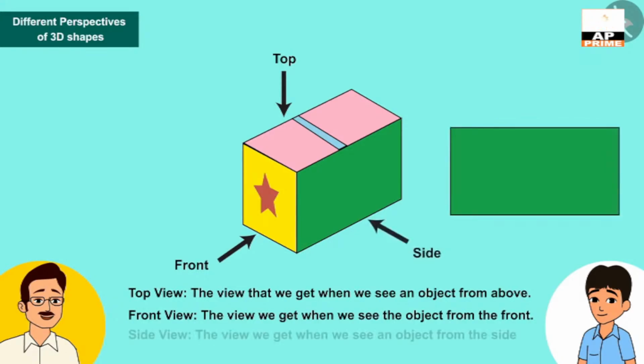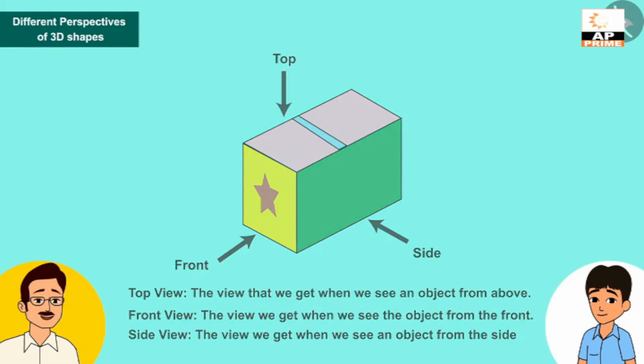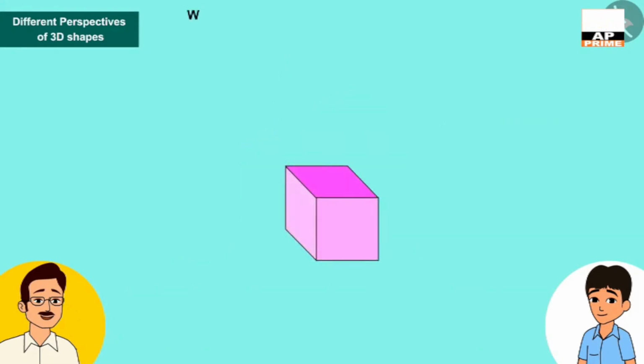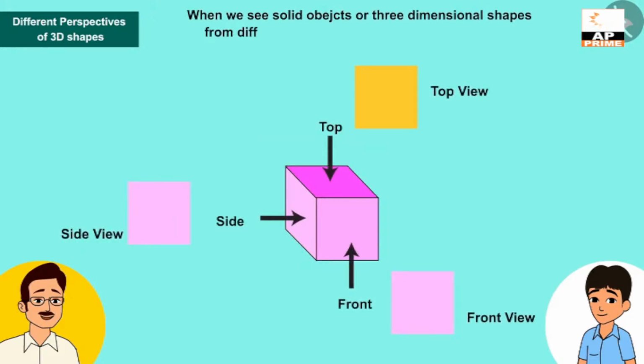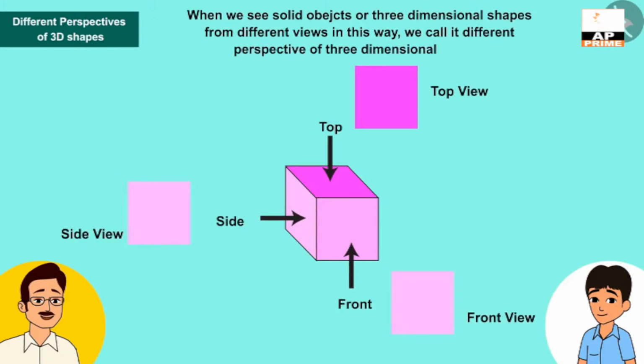The view that we obtain when we see the object from the side is called side view. When we see solid objects or three-dimensional shapes from different views in this way, we call it different perspectives of three-dimensional shapes.